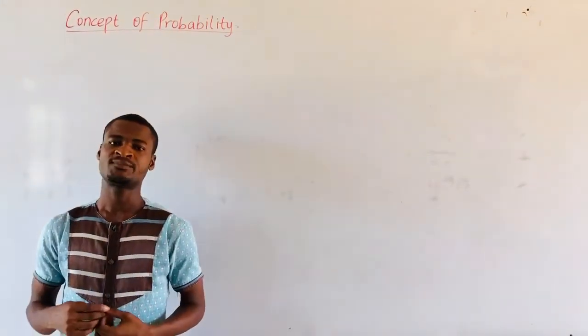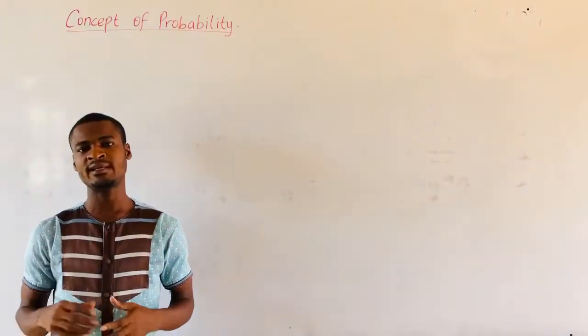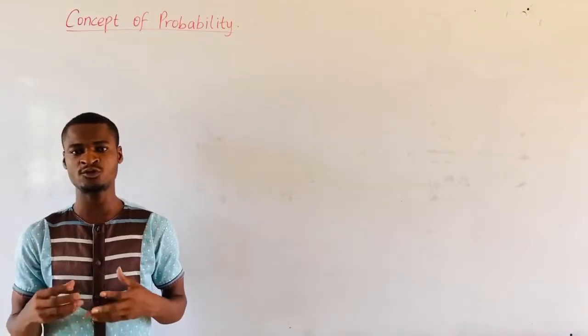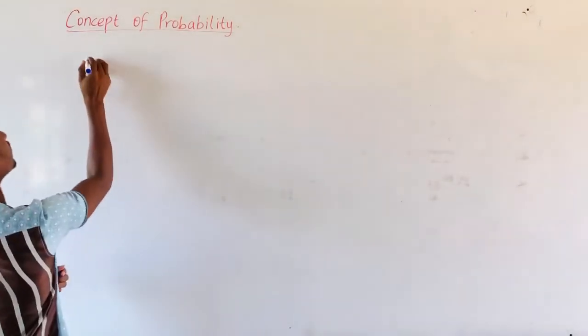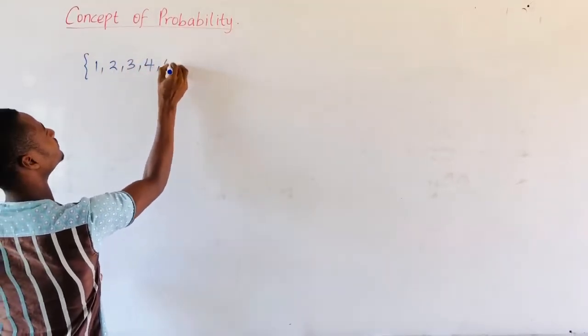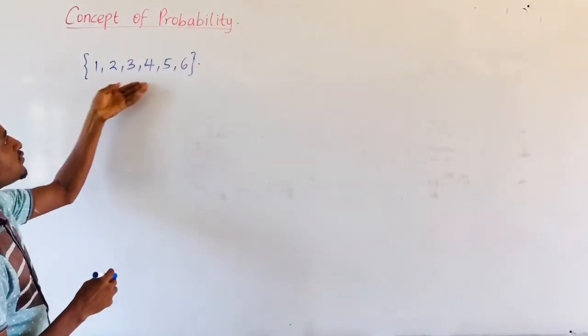Let's take an experiment such as the throw of a die. In throwing a die, even though we don't know the exact number that will show up, we are sure that number will come from this set. These are the numbers that we have on a die.